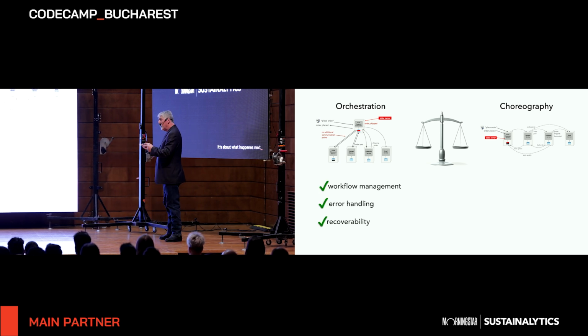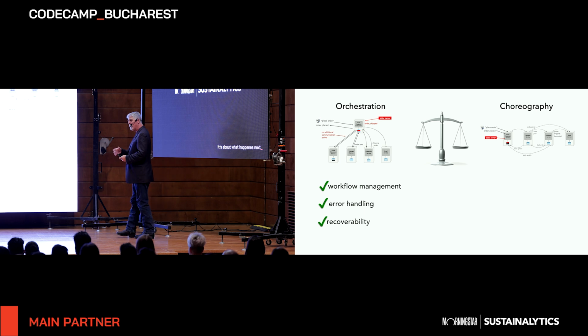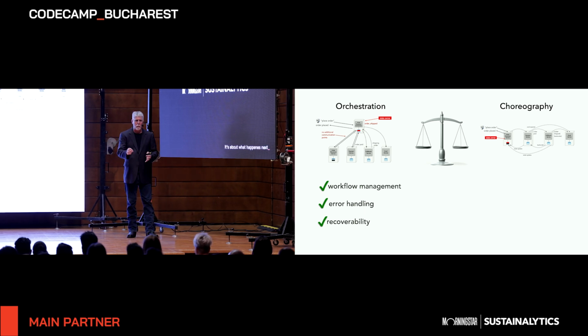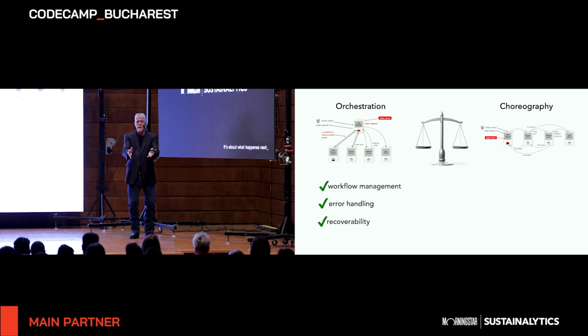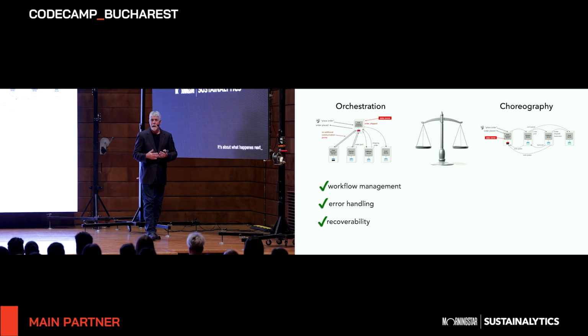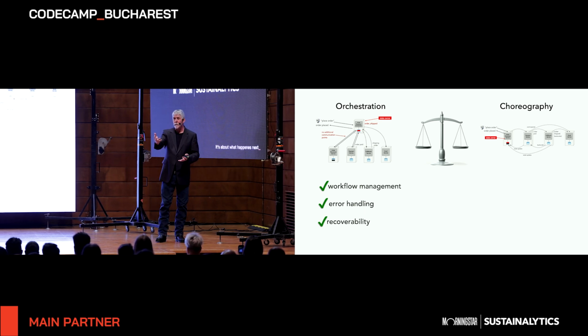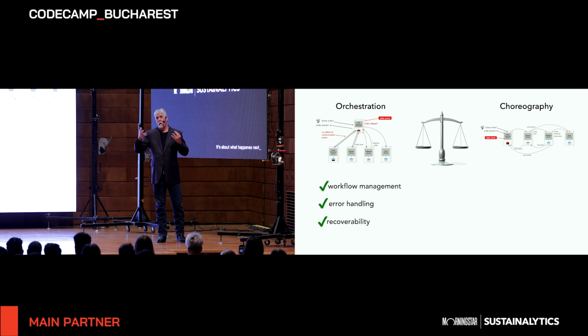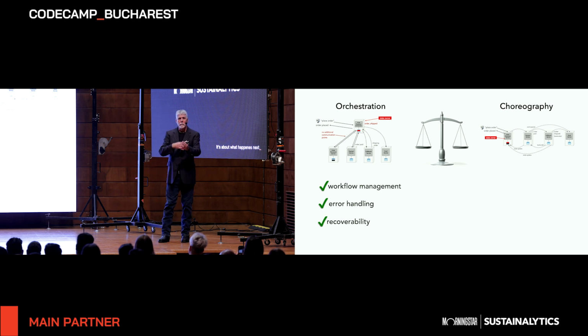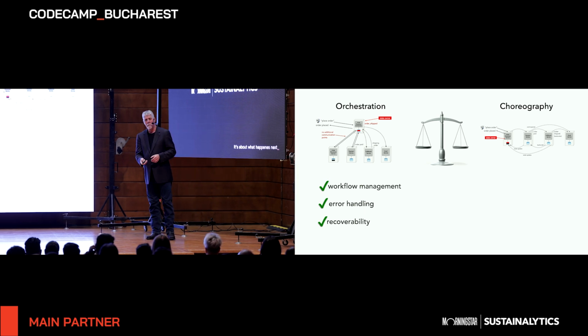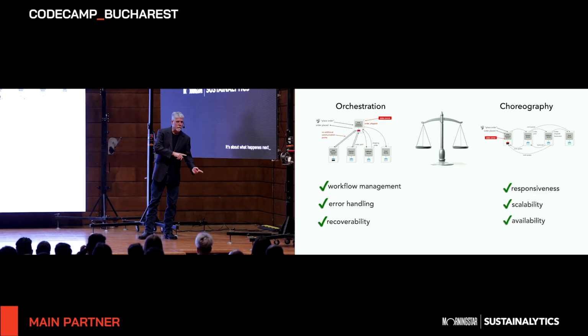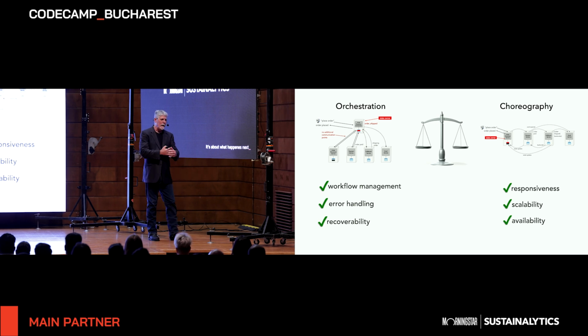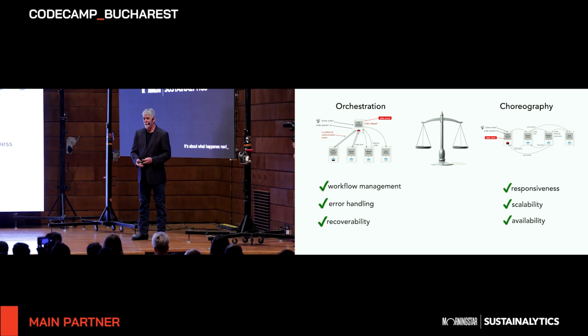And as a matter of fact, if we look at the trade-offs, orchestration gives us great management of that workflow. I understand it, it's in one place, that conductor, that orchestrator. Error handling becomes a lot easier. If an error occurs, well, you just tell me there's an error and I'll fix it. Also, recoverability. These are all great superpowers of orchestration. But if we look at choreography, its superpowers are really about those operational characteristics.